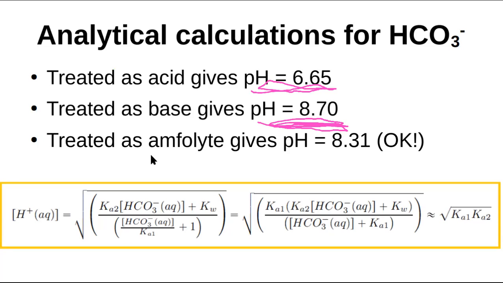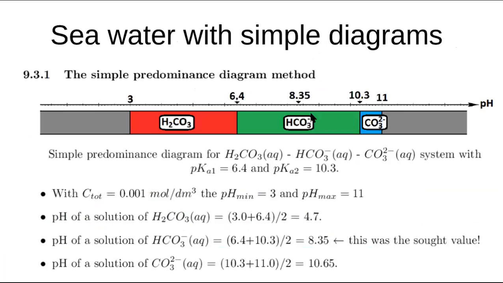However, if you treat it as an ampholyte, that is a compound that acts both as acid and base, then you will obtain a pH of 8.31. And this is very okay. 8.31 is approximately similar to the 8.35 that we had on the previous picture.